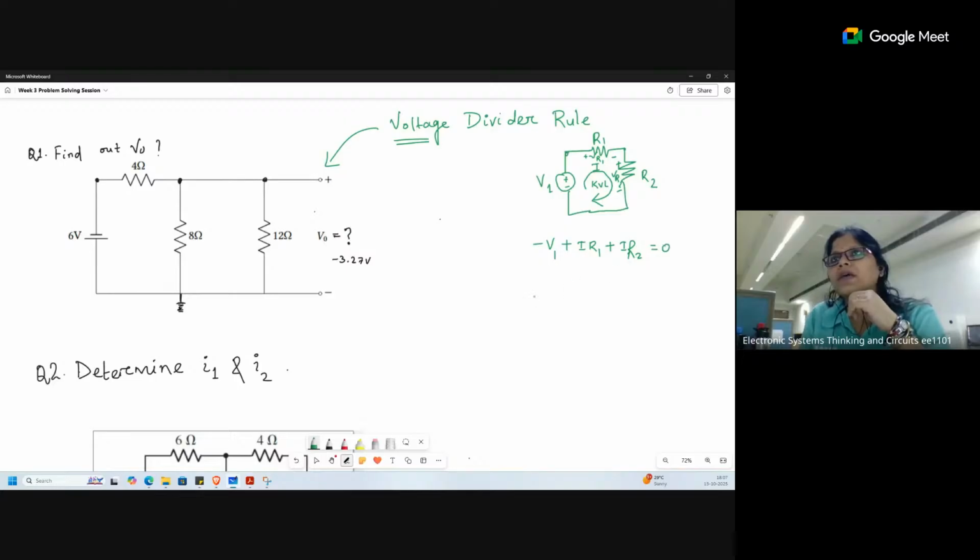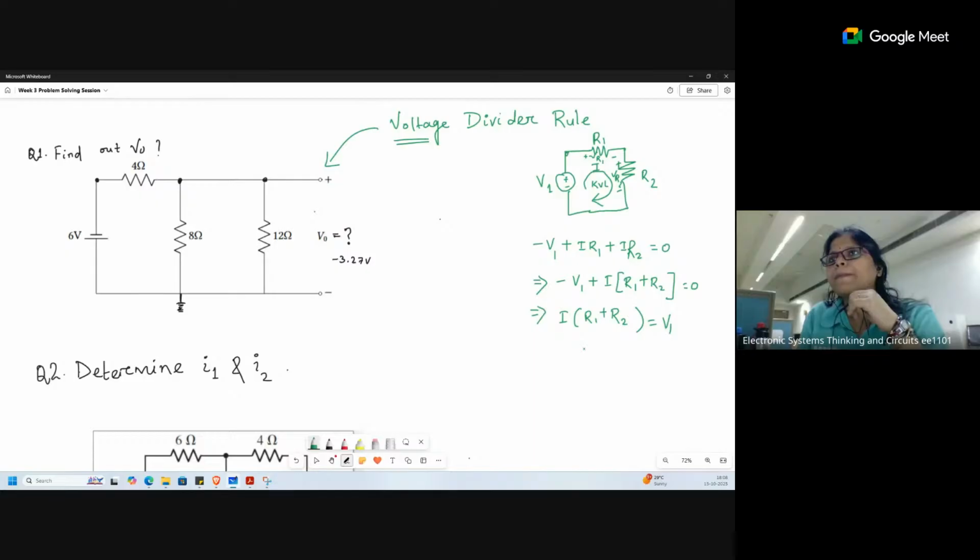Am I right? So here I can write minus V1 plus, taking I as common, I times R1 plus R2 is equal to 0. So I can write I times R1 plus R2 is equal to V1.